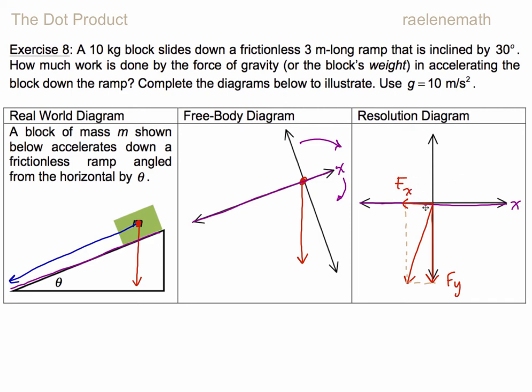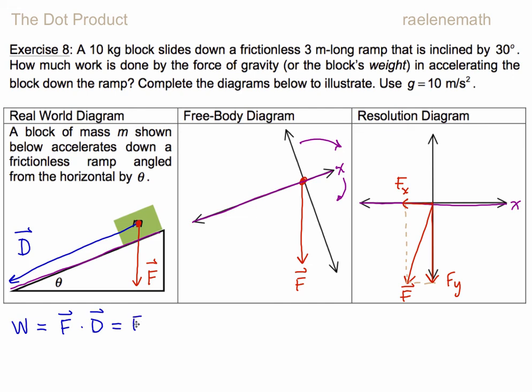Now it is Fx which contributes to the work done along with the displacement vector d. So just labeling all of our vectors, displacement and force, we can now come up with our work calculation as the dot product of force and displacement.